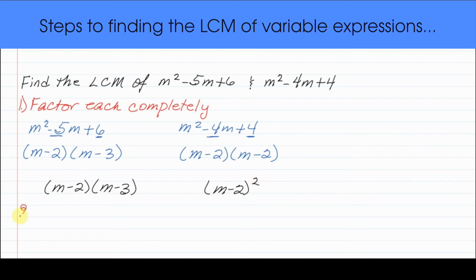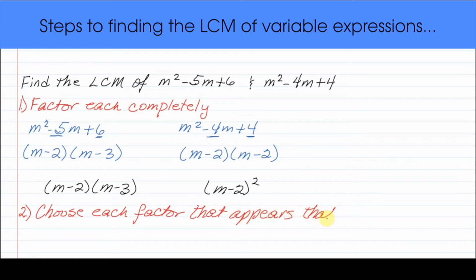Now our second step is to choose each factor that appears that has the highest exponent, and form a product. And that's going to be our LCM.